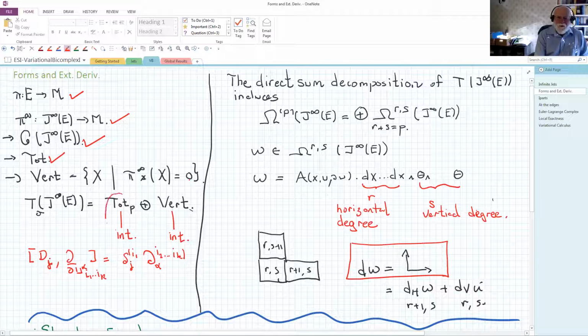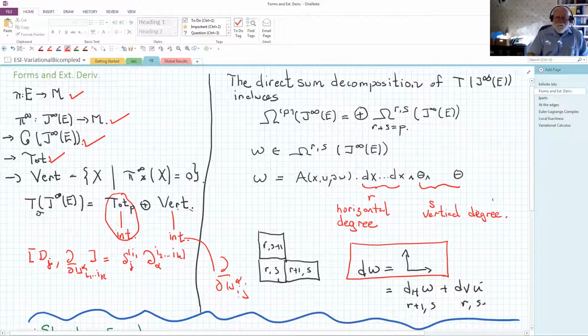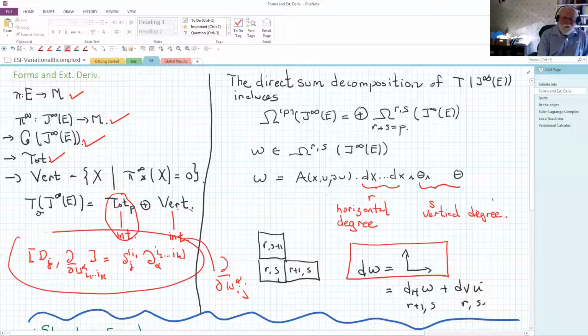It splits into these total vector fields, d by dx^i, and the vertical vector fields. And the vertical vector fields are just field derivatives, are just these. And now our structure equations: this is an integrable, formally integrable distribution. And the only bracket that's non-zero is the bracket between the total derivative operator and a partial derivative operator.